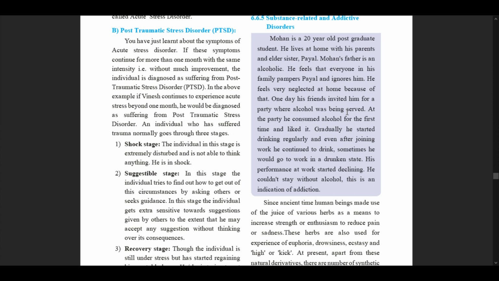This is for an individual by the name of Mohan, who is very addicted to a few substances. Mohan is a 20-year-old postgraduate student. He lives at home with his parents and elder sister, Payal. He feels that everyone in his family pampers Payal and ignores him.